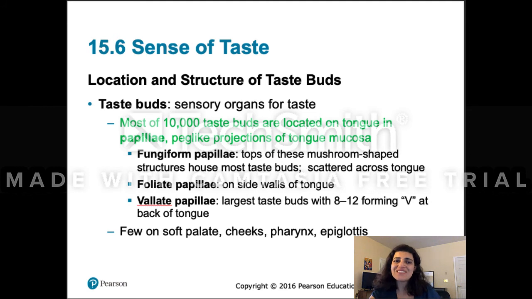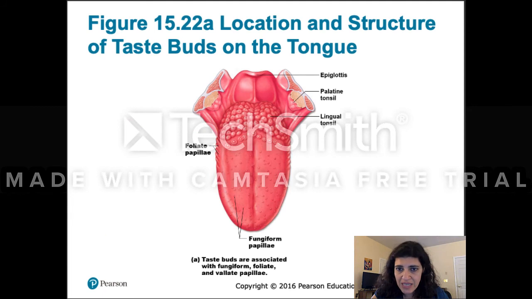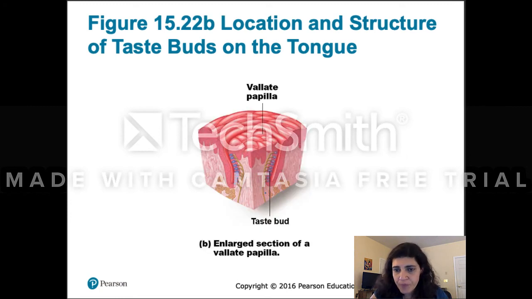The taste buds are located in your tongue, and they're also located in your mouth, in your soft palate, cheek, pharynx, and epiglottis. I'm not going to ask you about the 3 different types of papillae, which are where the taste buds are, but this is the tongue, showing how the taste buds are distributed all over your tongue.